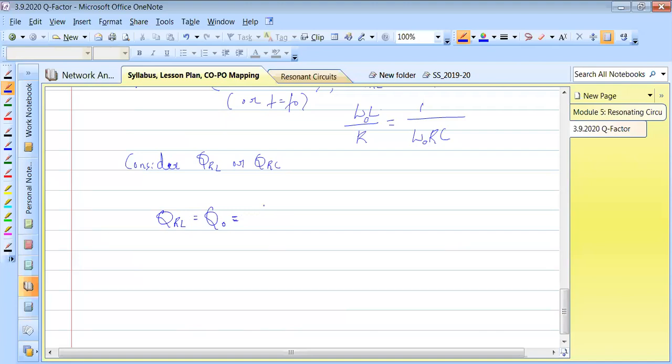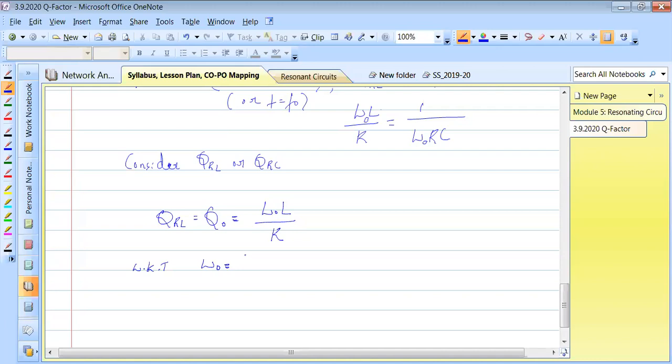What is QRL? It is omega naught L by R. What do we know? What is omega naught equal to? Anybody, if you want to unmute and tell me that. What is omega naught if you remember? Anybody? 2 pi f naught. No, in terms of inductor and capacitor.